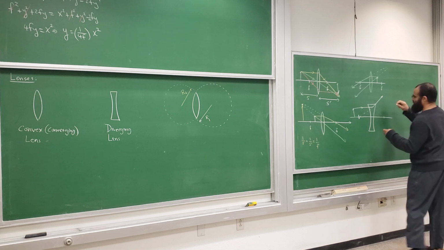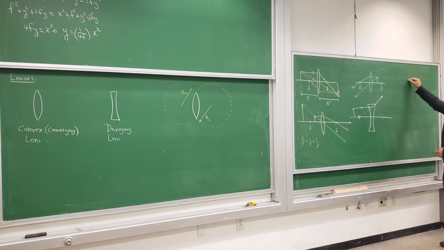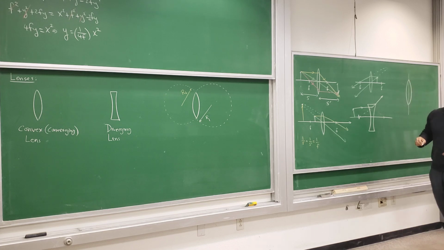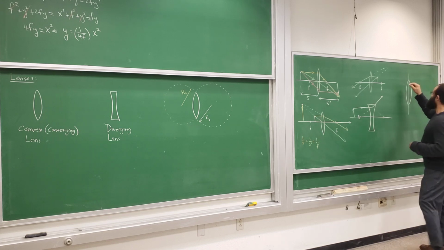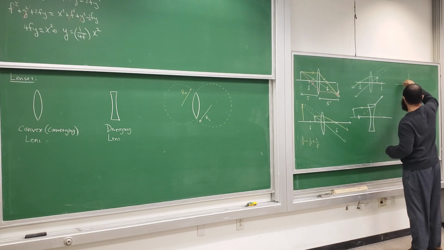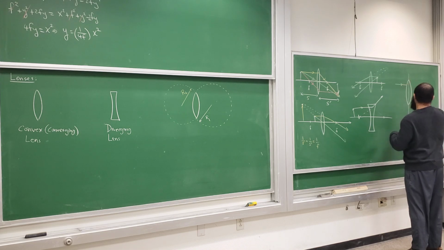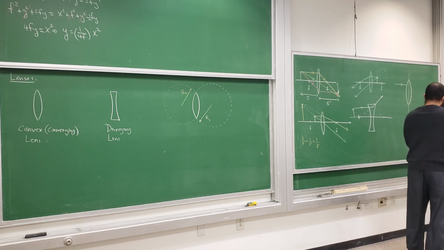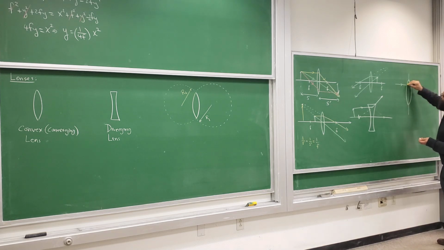So think about it. Let's look at the convex shape. Let me exaggerate and make it really thick, like so. Let's say I have a ray that comes in, horizontal. This is an approximation. The angle of incidence equals the angle of refraction, no. We have n1 sine theta 1 equals n2 sine theta 2.